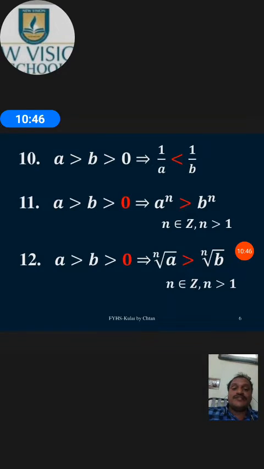For example, my dear students, 1000 is greater than 100. Now I will apply, let us take n as 2, square root. Then square root of 1000 is greater than square root of 100. That is very much obvious.